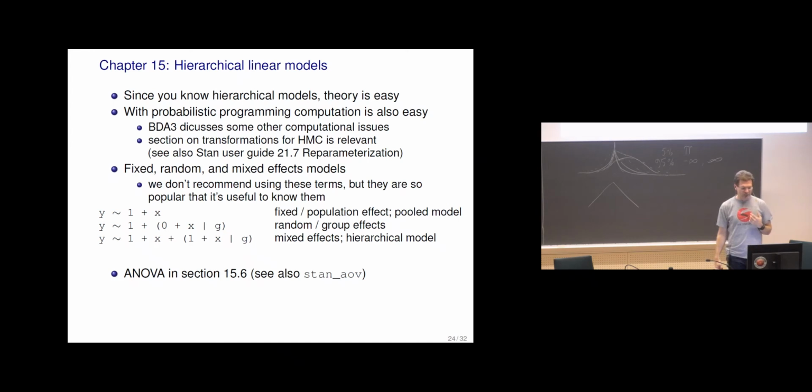It's kind of strange for me that when I hear fixed effect, I think that it's something that's actually fixed to a specific value, but it's still something which is unknown. So I find it difficult to think about the term fixed. But if you remember that it's actually kind of the population effect.